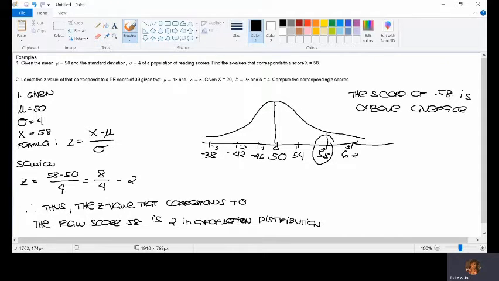Okay, and please remember, because z is equal to 0, this one, it is the center of your distribution. The negative z values simply indicate that these values are found on the left side of the center or your mean, remember. So this is your right side and this is your left side.